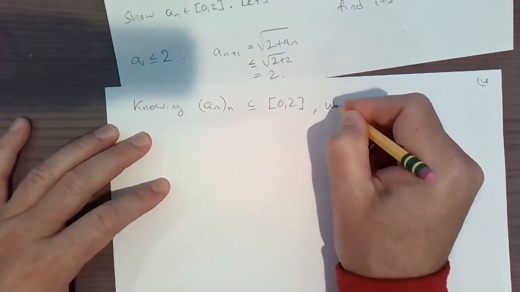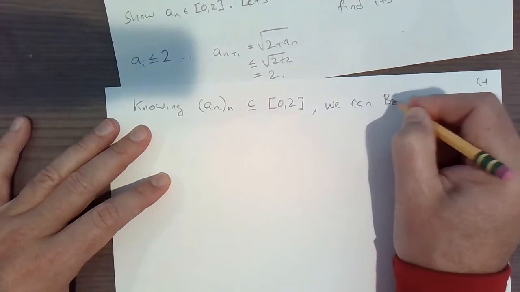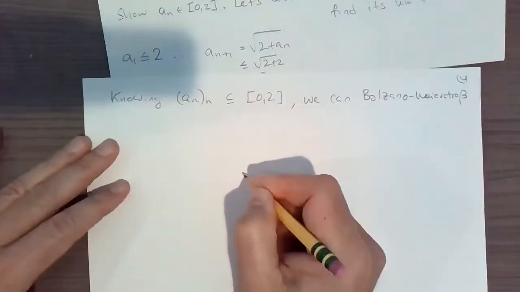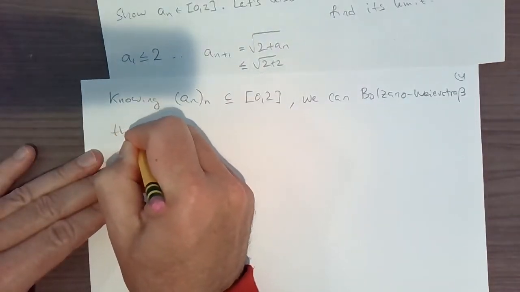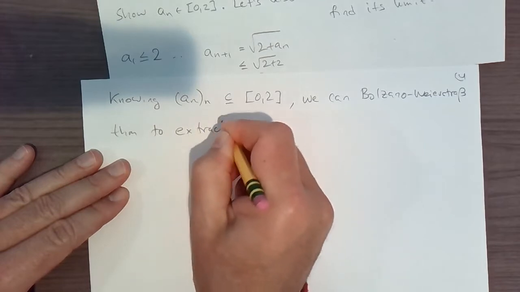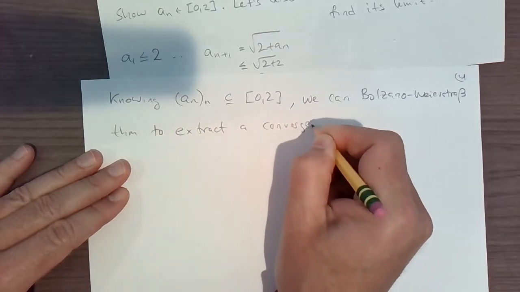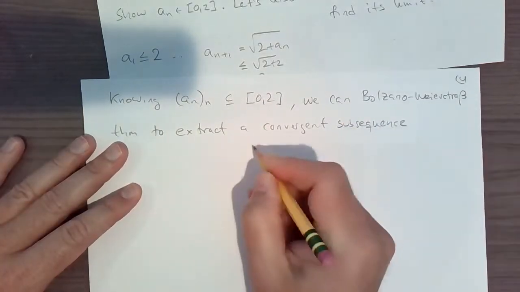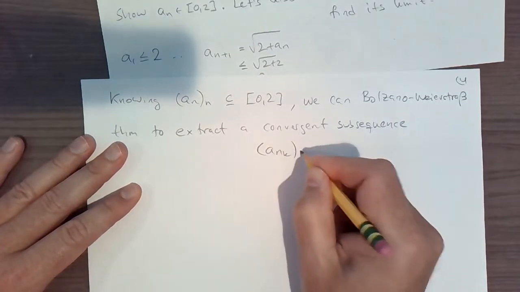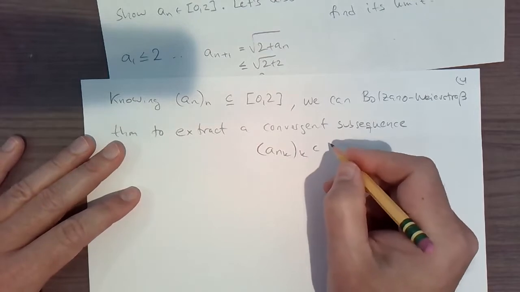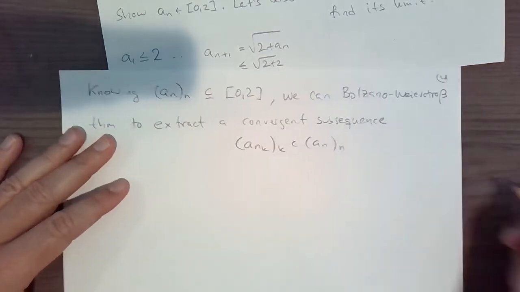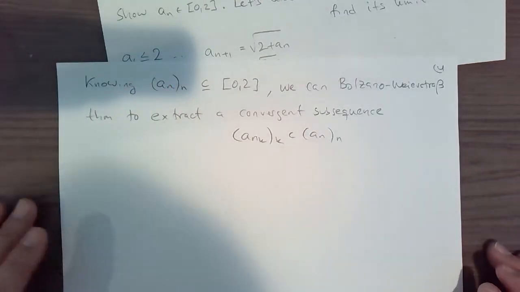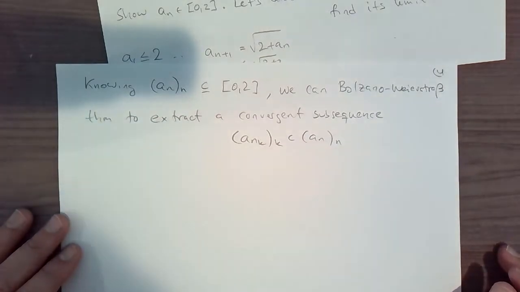We can use the Bolzano-Weierstrass theorem to extract a convergent subsequence. So you would have A_{n_k}. This would be something that would converge. So we can do that without any more analysis. We now know that A_n must have at least one convergent subsequence.